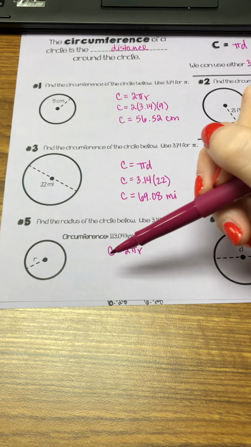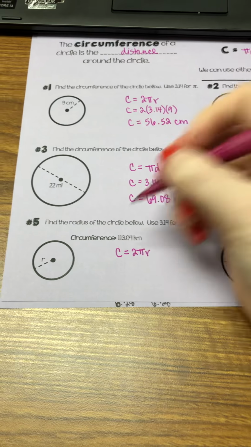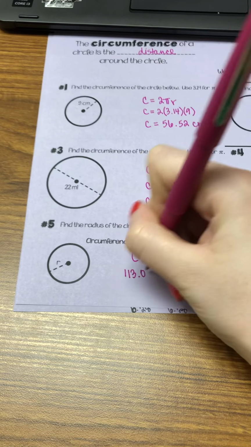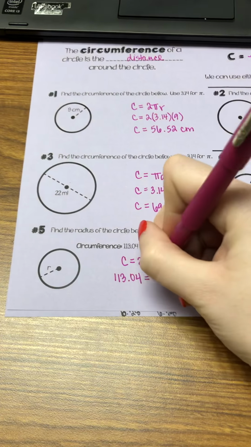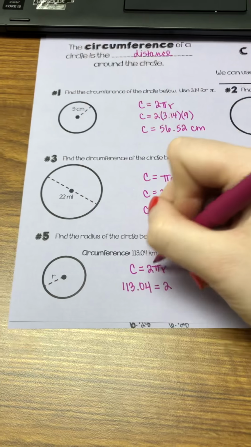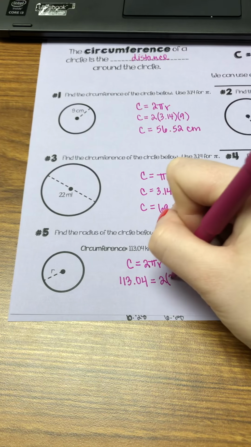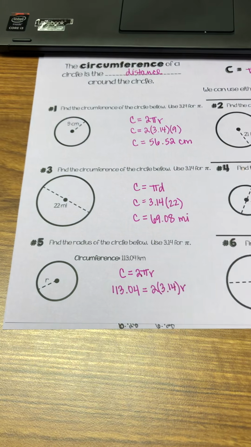So for example, I know what my circumference is. It's 113.04. So I'm going to substitute that in for c. Okay? I've got 2. They told me to use 3.14 for pi. And then I do not know my radius.